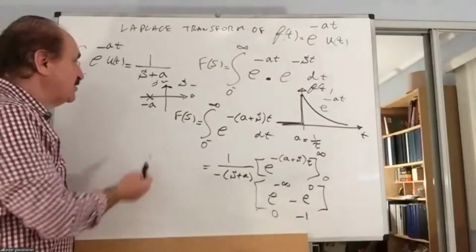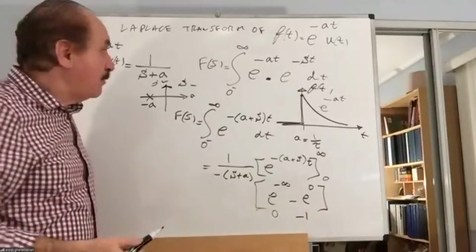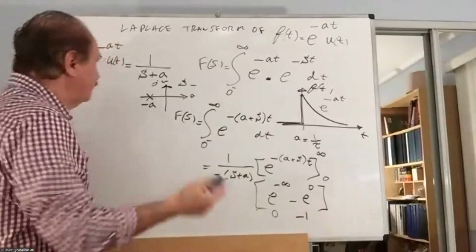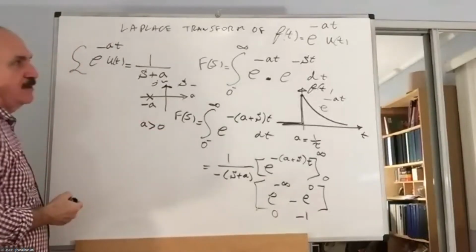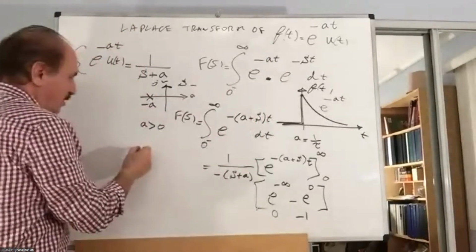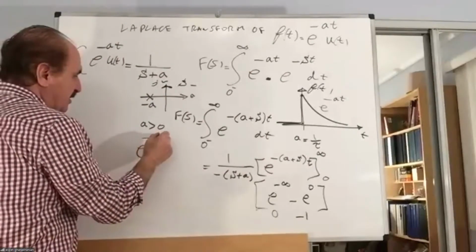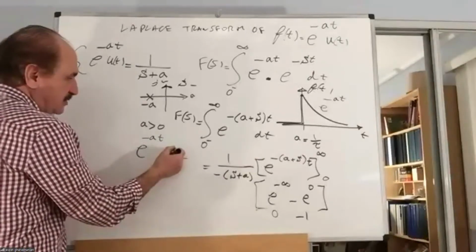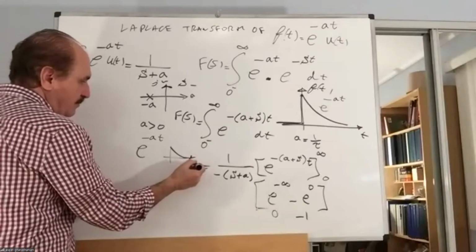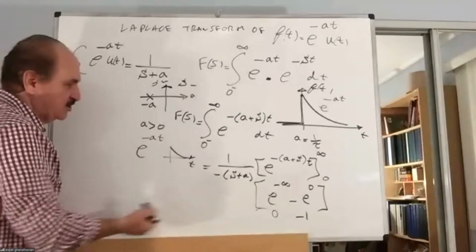If a happens to be a positive number, please note, look at the equation. If e to the power minus at, a is positive, do you notice that the function is decaying against the time? Because it's a decaying function.